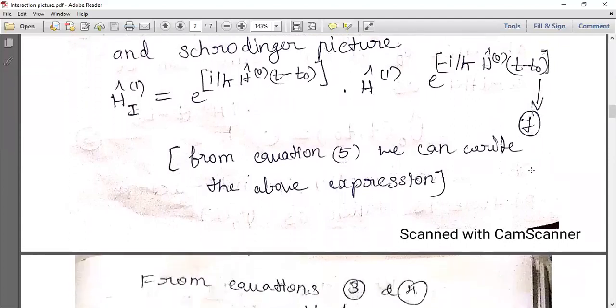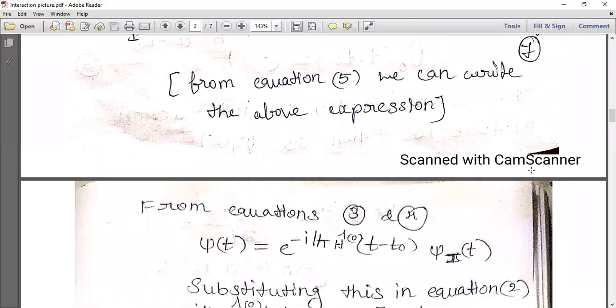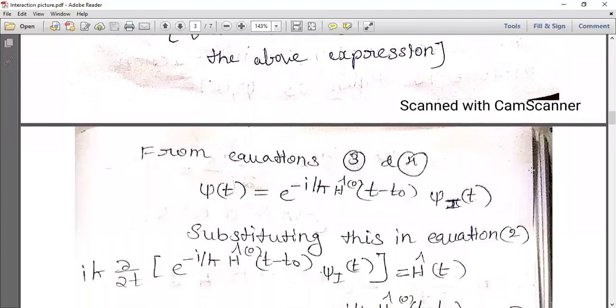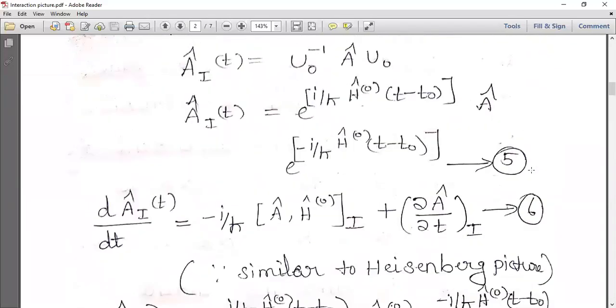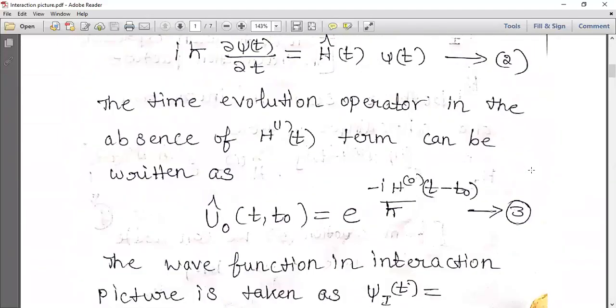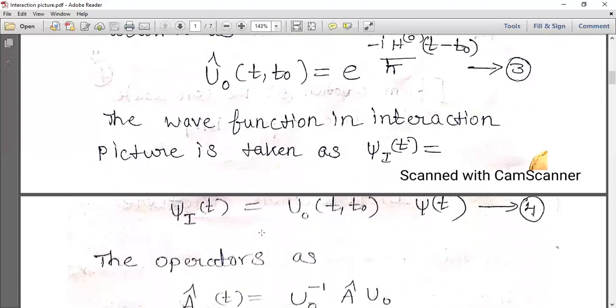So we have taken it from the Heisenberg picture. From equations 3 and 4. What are 3 and 4? Check equation number 3, that is the Schrodinger picture. This U term we are going to substitute in equation number 4. In this U naught term we will substitute.